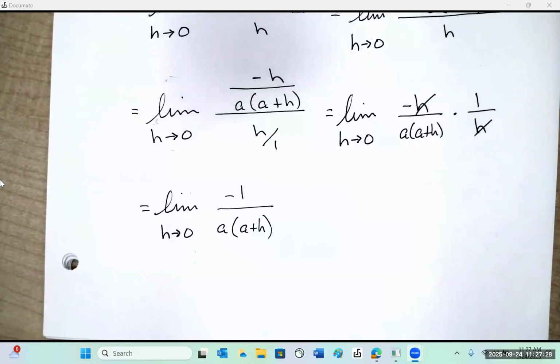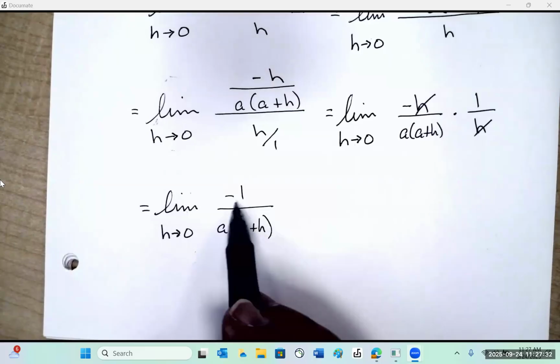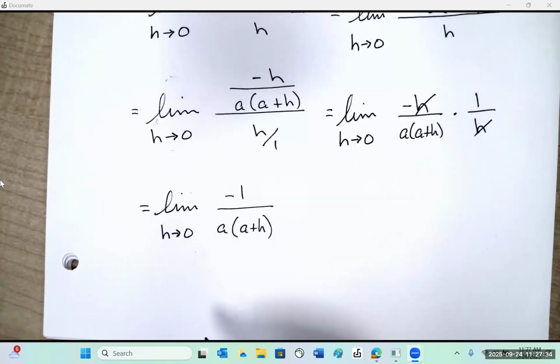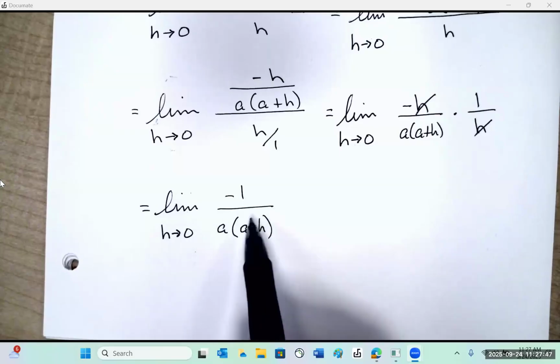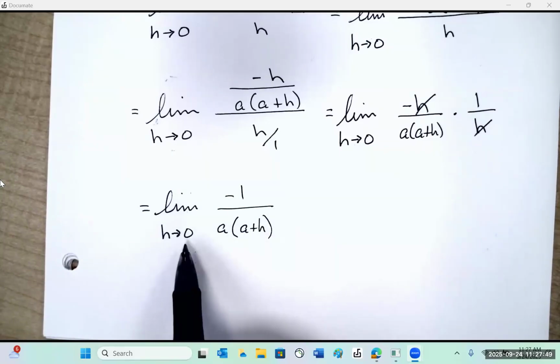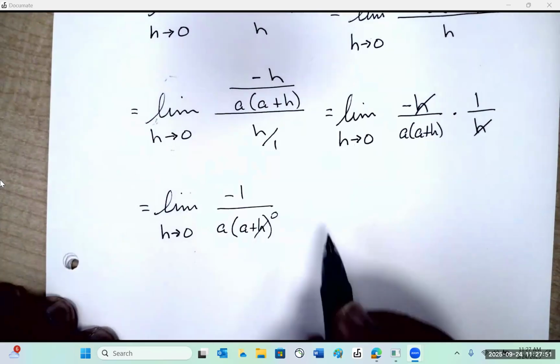Then what do we do? Can we do anything else here? We simplified as far as we can go. So now we set h goes to 0. H goes to 0.